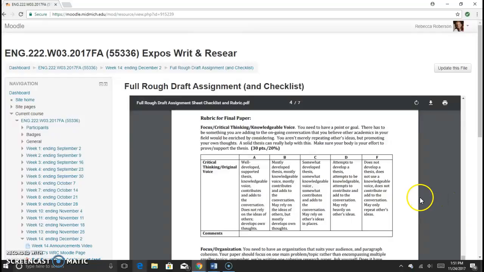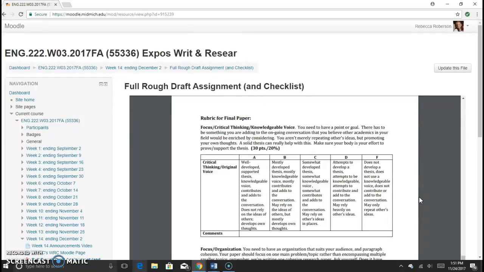So one of the things that I noticed that a lot of us are having issues with is that we still don't have well-developed thesis statements. Or the thesis statements that we came up with for our outlines are not appearing in our half drafts. And as a result, the whole paper is sort of coming apart. The wheels are sort of coming off.